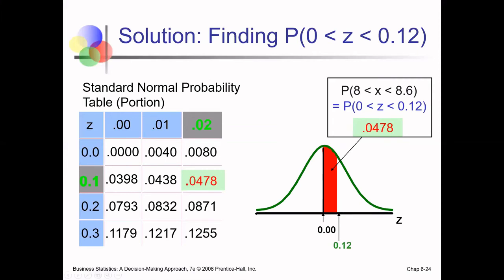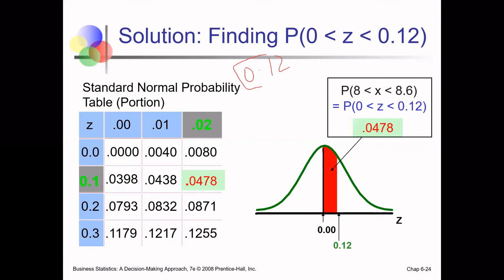Again, I am repeating because it's the main thing, how to check the table. So first, for example, we have 0.12, you want to find 0.1 and 2. Just we have seen that for 0.1 and 2, you have the value 0.0478, the table value, which is the required value.